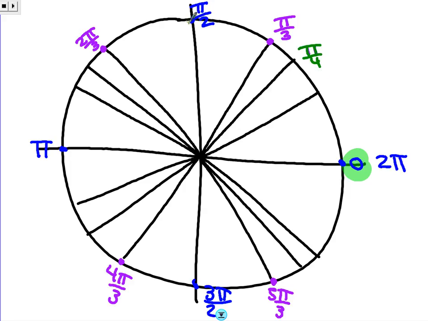Well, that simplifies to 1/2. 3/4, 3 pi over 4. 4/4 pi. 5/4 pi. 6/4 pi. That simplifies to 3/2. 7/4 pi. And 8/4 pi. Whew.